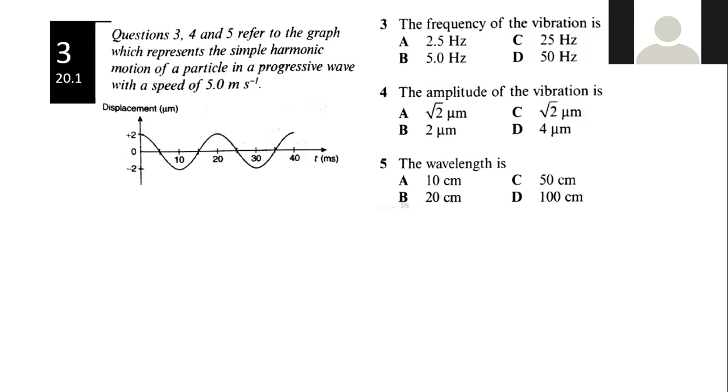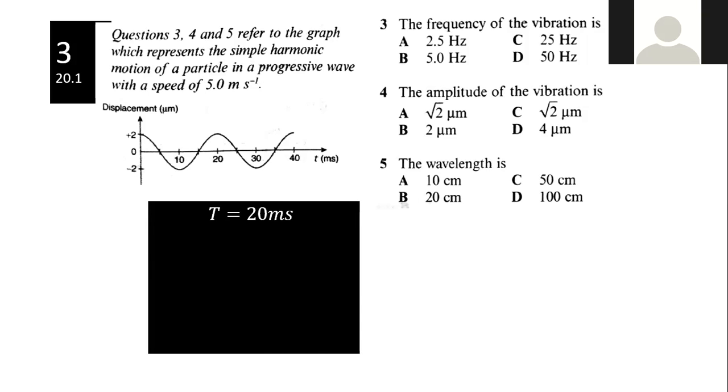Are you sure? No. Period is 20 millisecond. Then how to calculate the frequency? 1 over T. Okay. So 1 over period. Period must be able to read, 20 millisecond, and f is 1 over T. Convert it to seconds. 10 to the power minus 3, take to the top is 1,000. So it's 50 hertz. Donkey, correct.